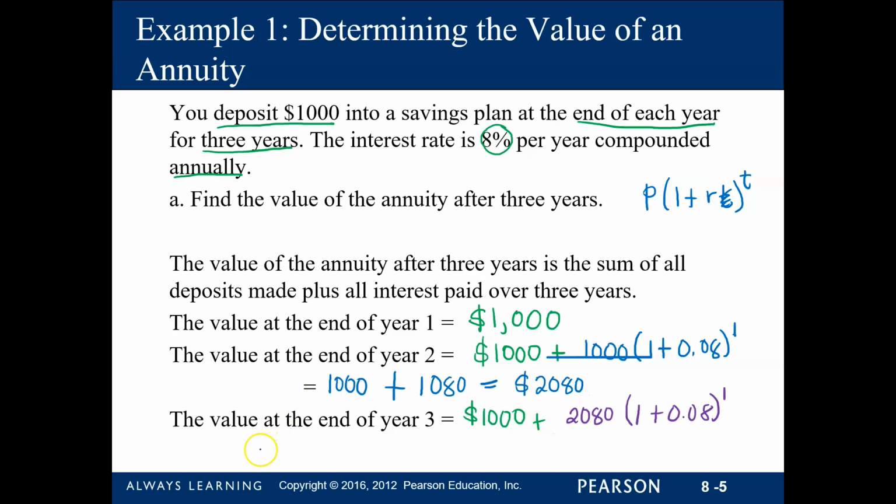And so, all in all, you have that $1,000 deposit plus this amount here, which is going to be a total of $2,246.40. So meaning at the end of year 3, your total value in this account would be $3,246.40. Okay? So that is what's going on.